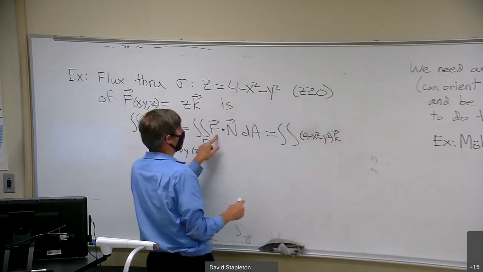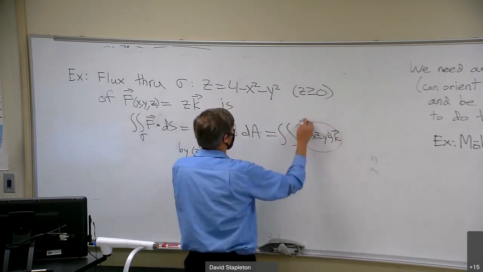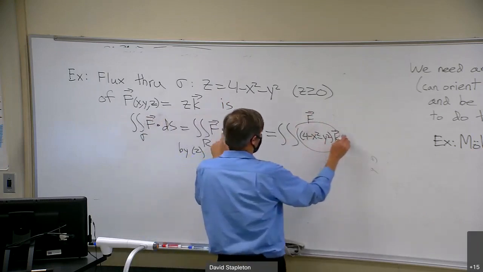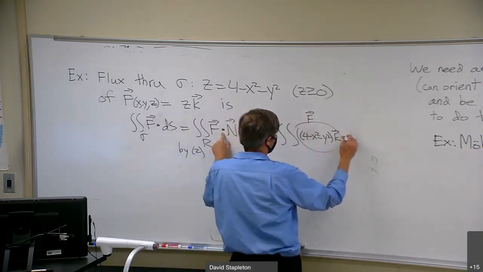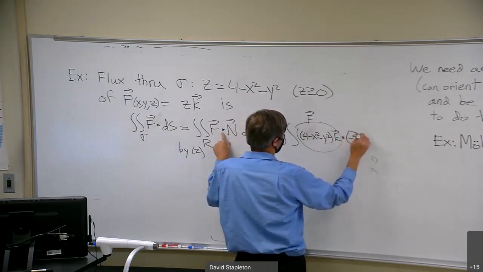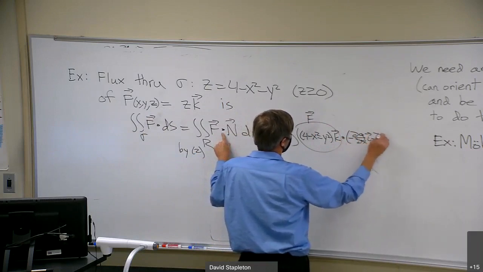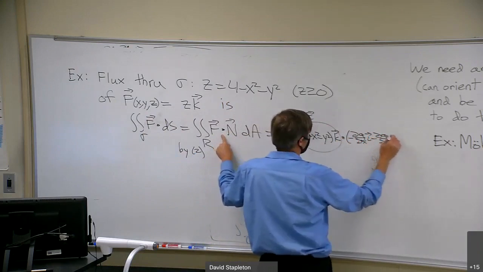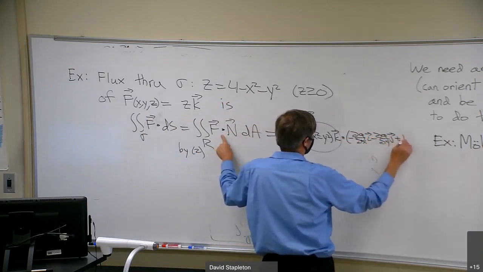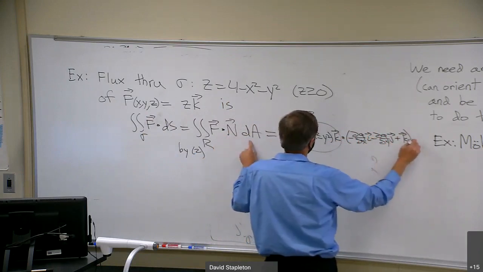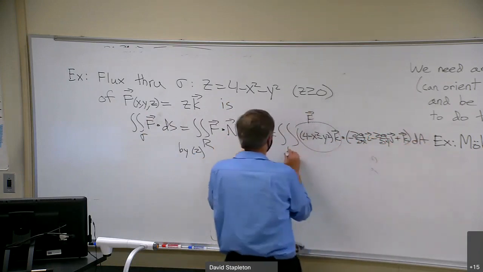That'll be F. And then dot the unit normal vector, minus dg/dx i minus dg/dy j plus k, the upward normal, dA over the region of projection.